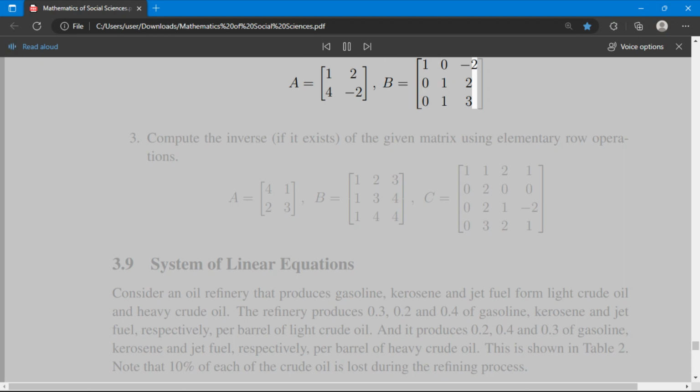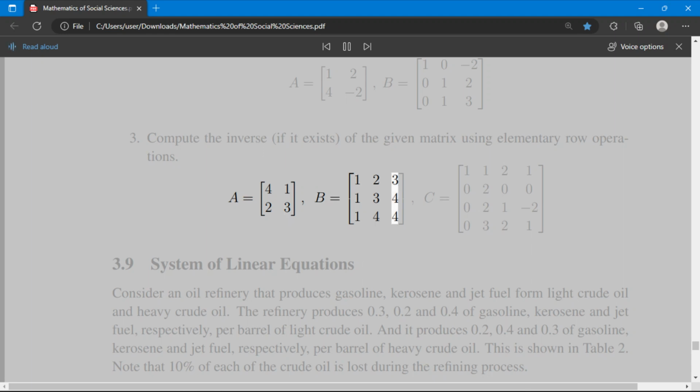A equals 1 2 4 2, B equals 1 0 2 0 1 2 0 1 3. 3. Compute the inverse, if it exists, of the given matrix using elementary row operations.